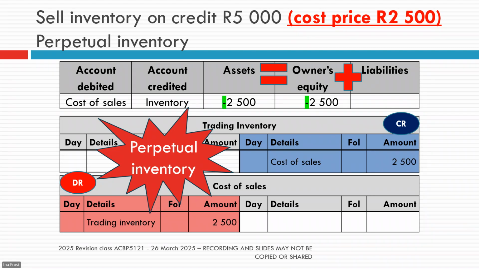So it's important for them to note that the left-hand side, the assets, must equal the right-hand side. That will also guide them to know whether they are doing the impact correctly.